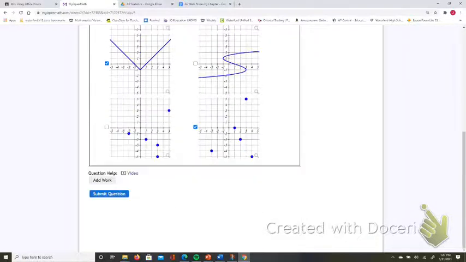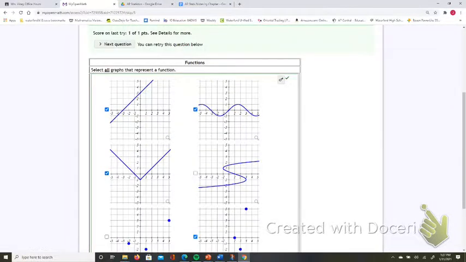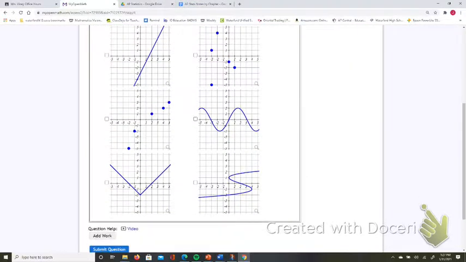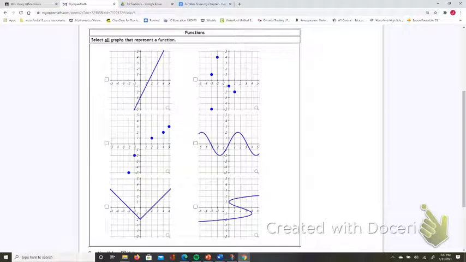And then you're going to submit, and go on to number 4. Now what I'd like you to do is pause the video, and select all of them on number 4 that you think are functions. When you're done selecting, don't submit it. Then come back and watch the video.